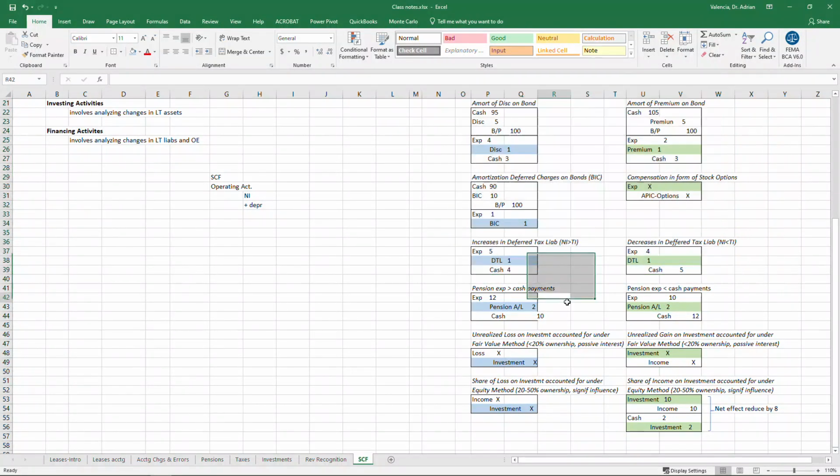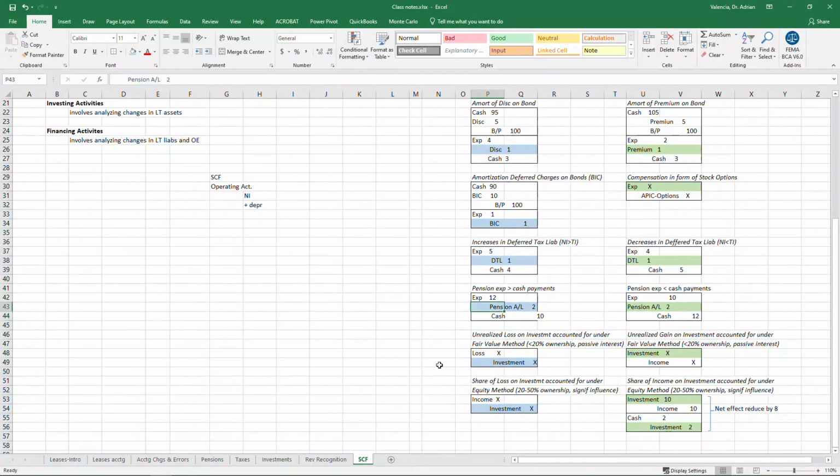So here's the next one. You learned about pensions, and with defined benefit pension plans, sometimes you are underfunded or overfunded, meaning that the expense for the period for pension expense might not necessarily be the same as the amount of cash you pay for that period.